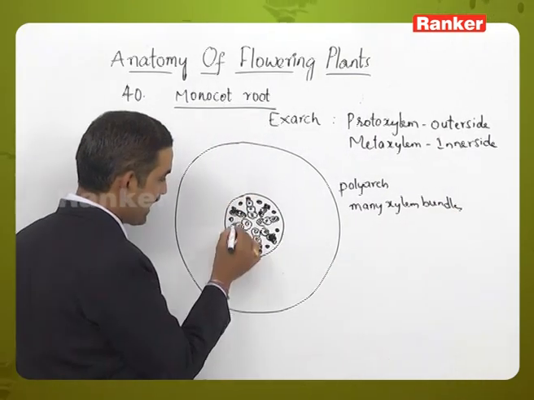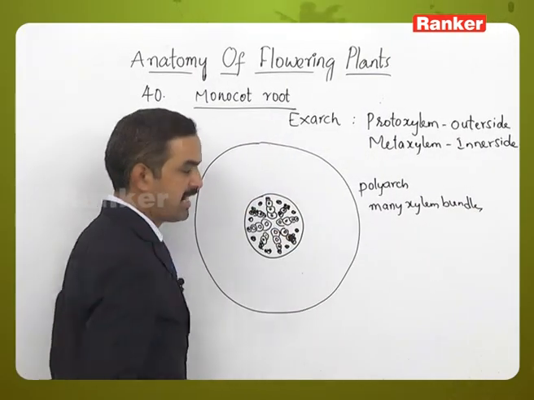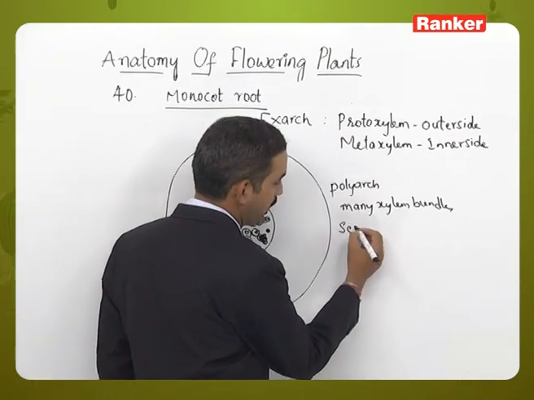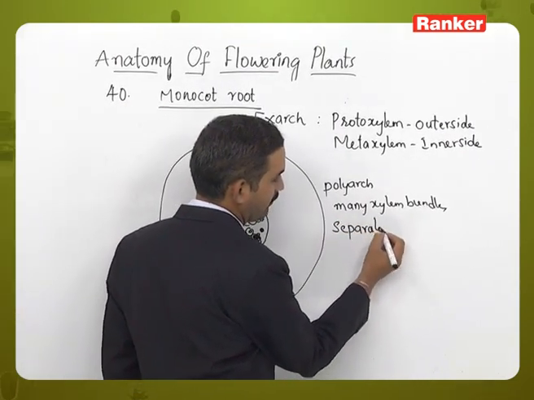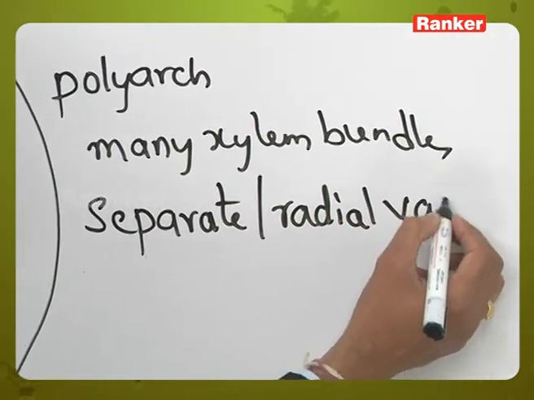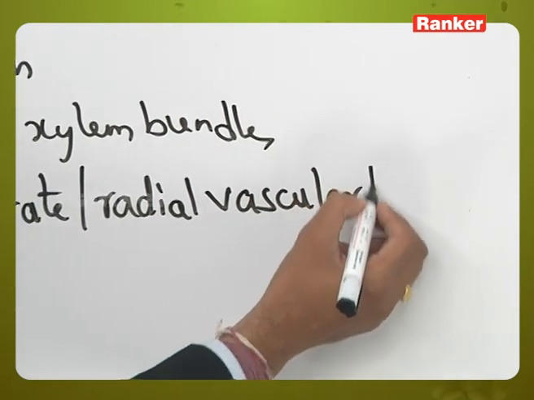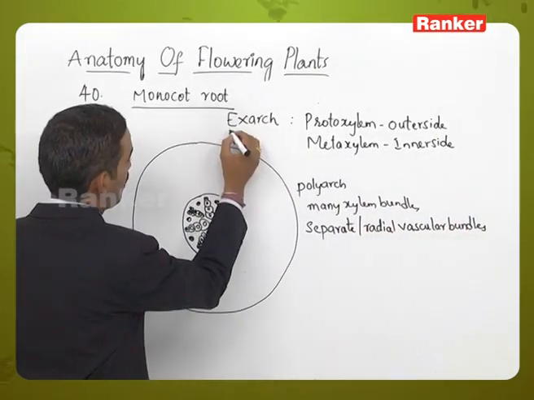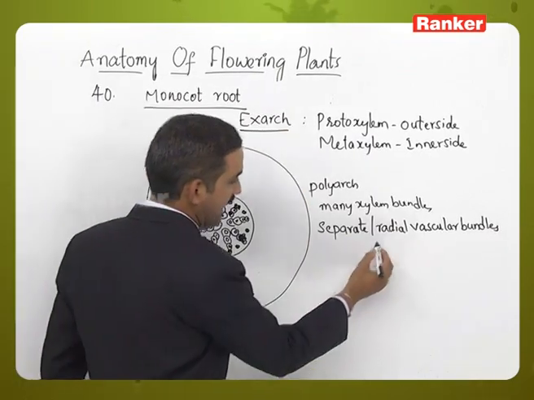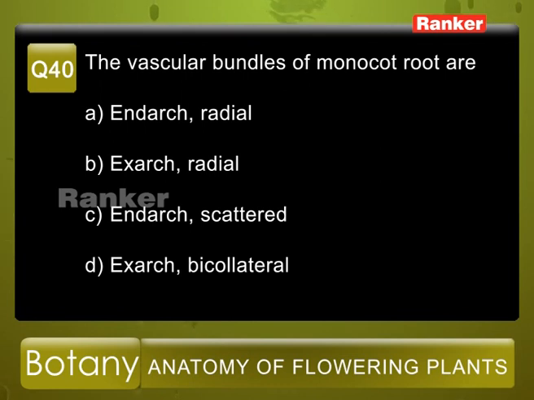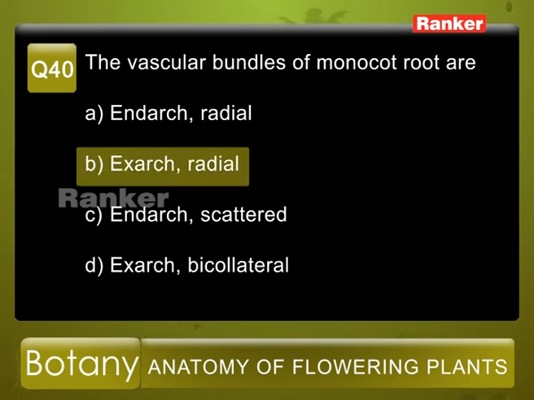And here the xylem is in one radius and the phloem is on the other radius, so we can call them separate or radial vascular bundles. That means here in the monocot root we can see exarch condition and radial condition. So from the given options, option B is the correct answer related to monocot root.